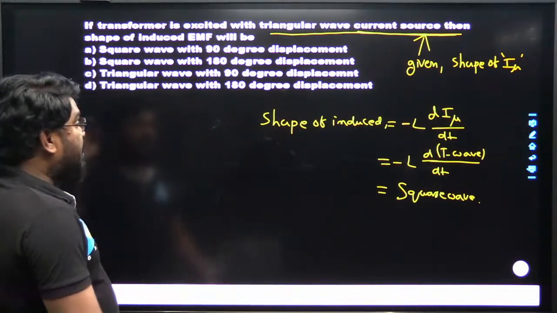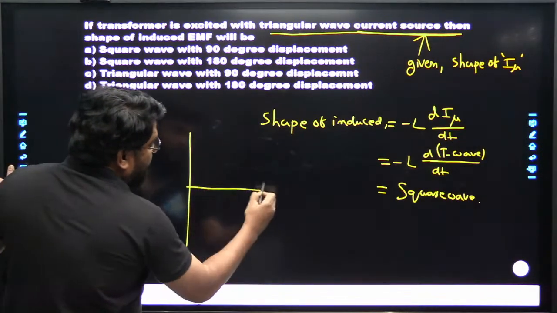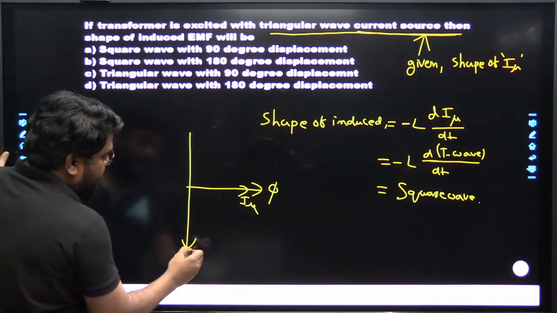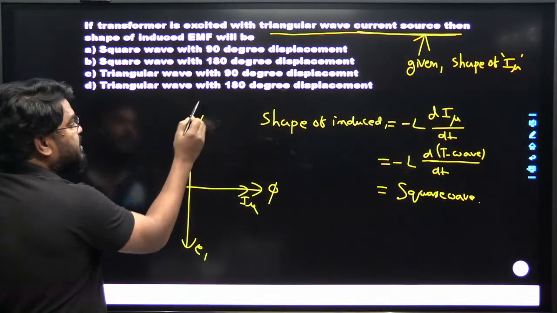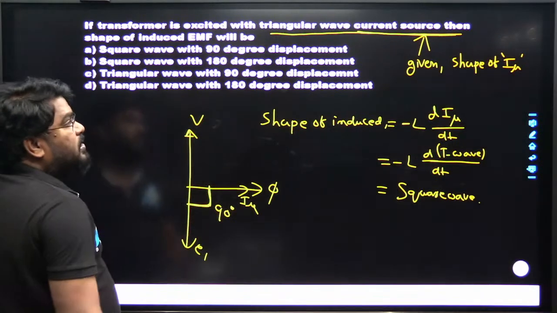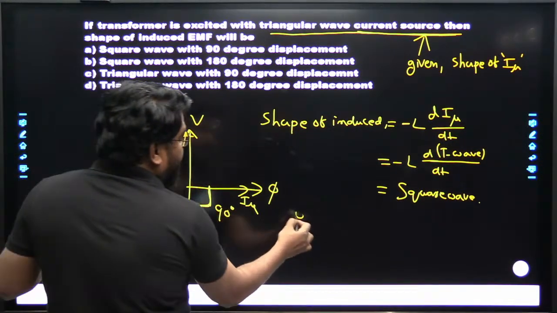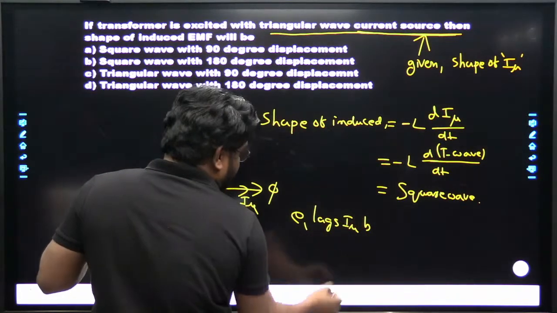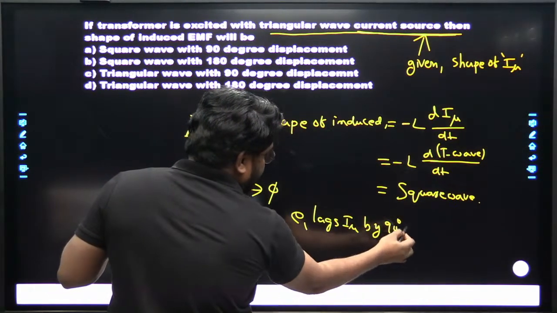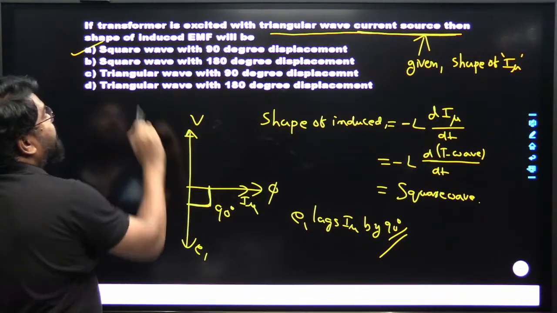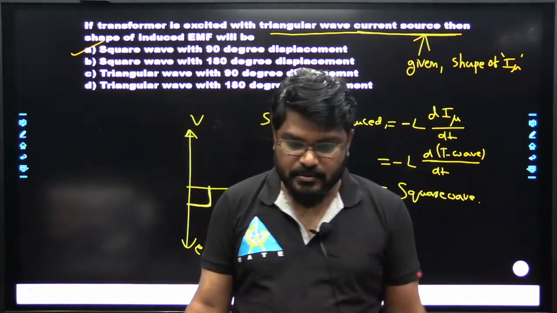I have already mentioned that between the flux, the magnetizing current, the EMF, and the supply voltage V, the displacement is 90 degrees. So E1 lags I_mu by 90 degrees. So the answer is the square wave with 90 degree displacement.